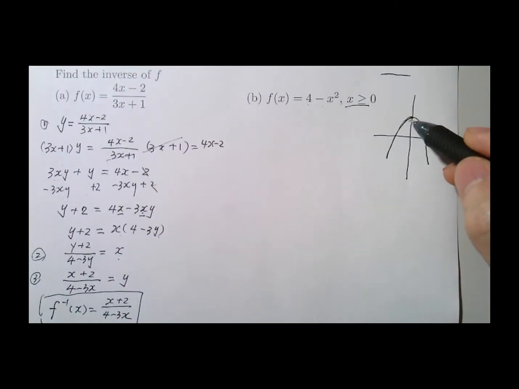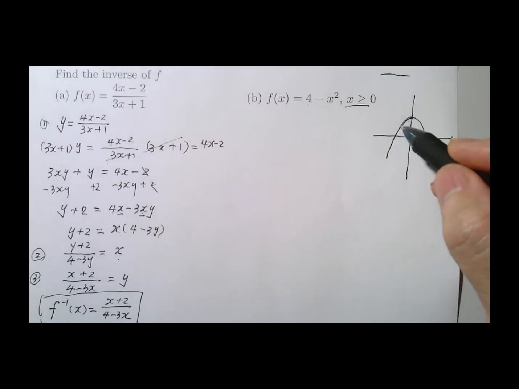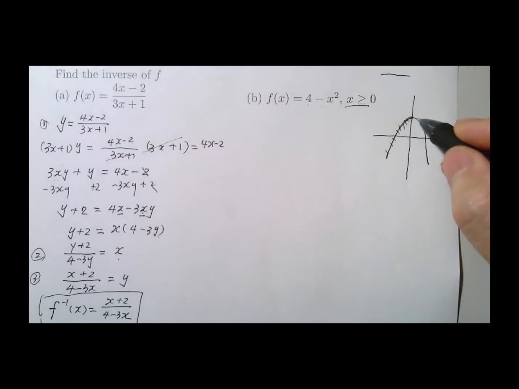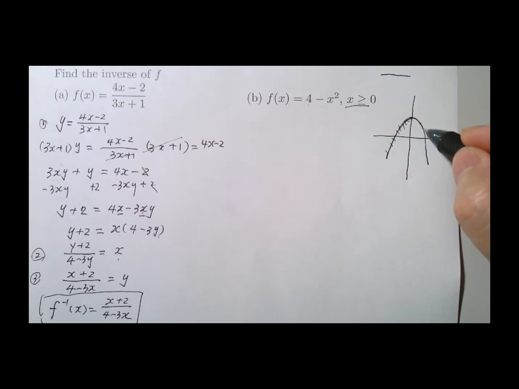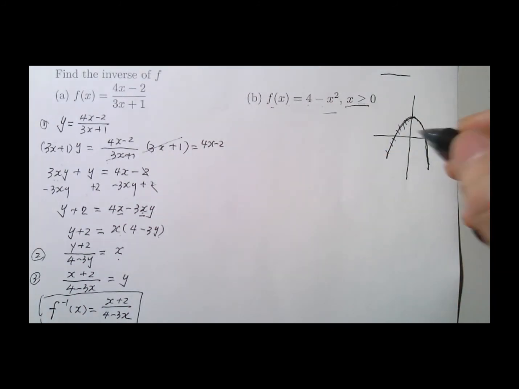So when you graph this function, you cannot graph that side. That side is not part of f. f only starts from 0 to infinity, which means only this half of the graph represents the function. So it passes the horizontal line test because you don't have that other side. That tells us this is a one-to-one function.